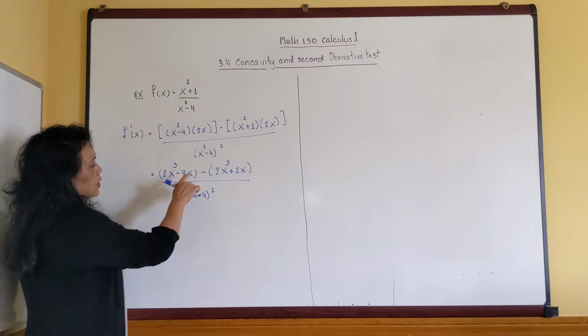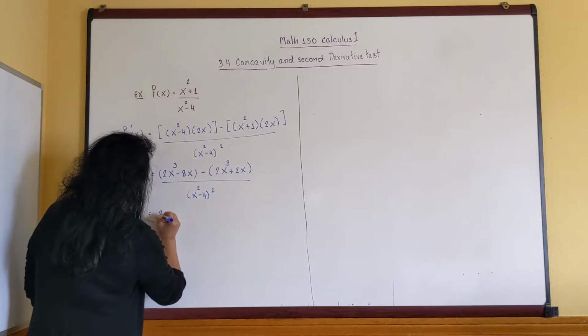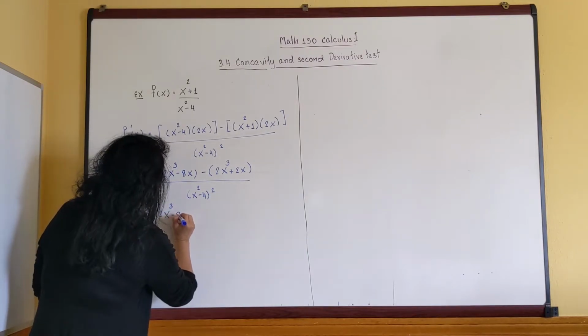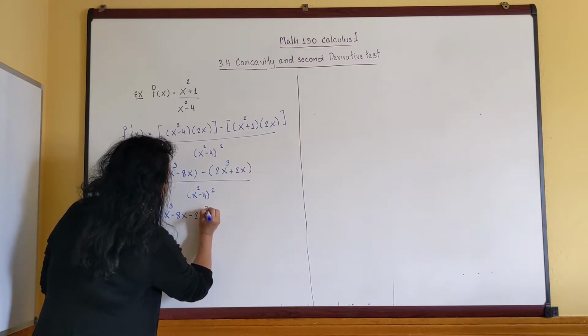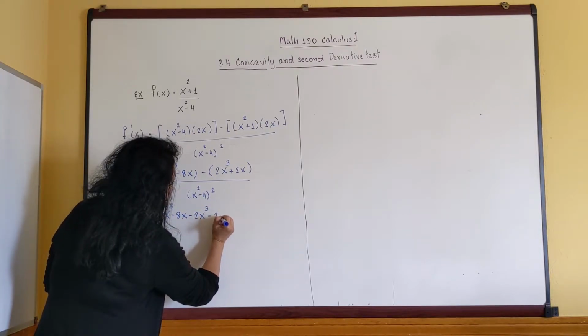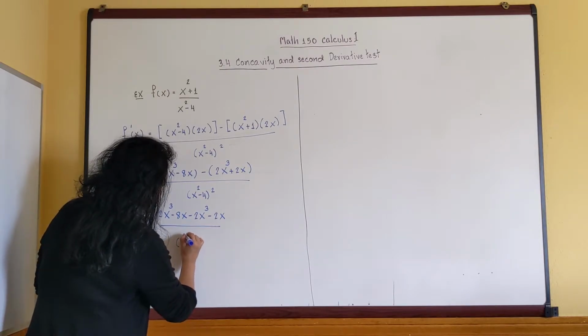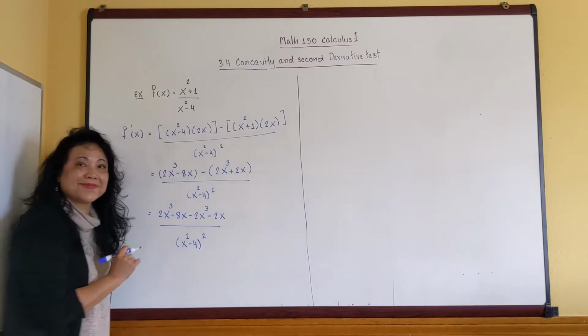Next step, I will distribute the minus in. I would have 2x cubed minus 8x minus 2x cubed minus 2x over x squared minus 4 squared.